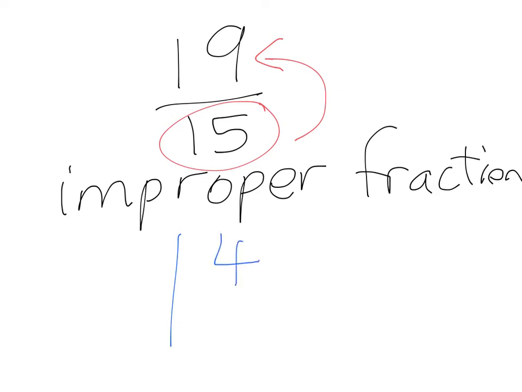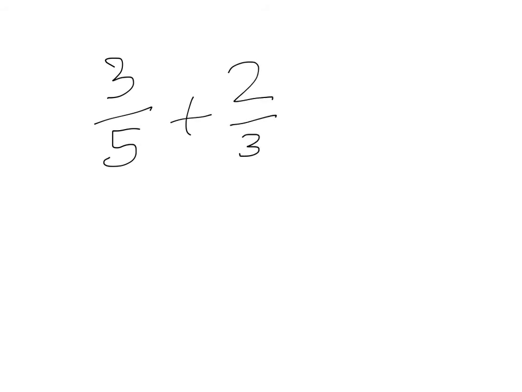But there's this many left. 4 fifteenths left. Can we convert this and simplify it? No, not really. So now we know that 3 fifths plus 2 thirds equals 1 and 4 fifteenths.